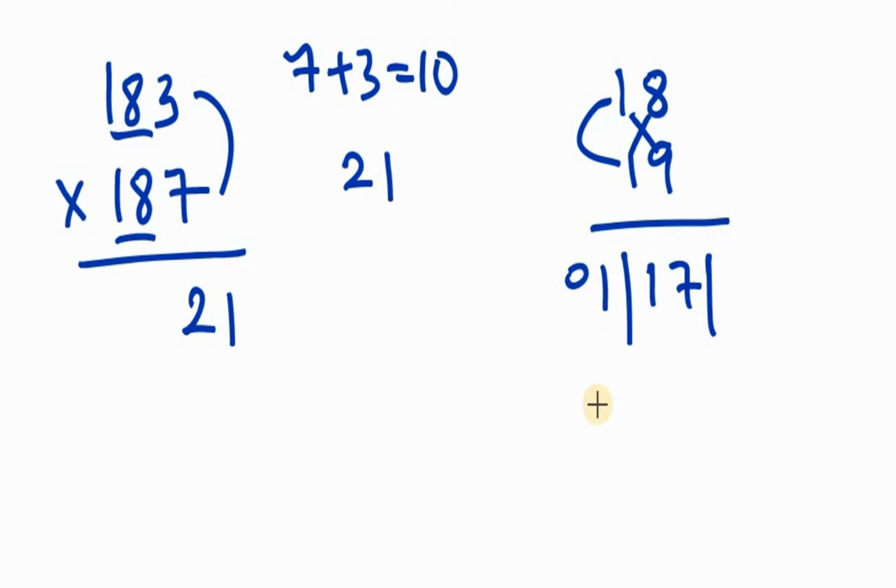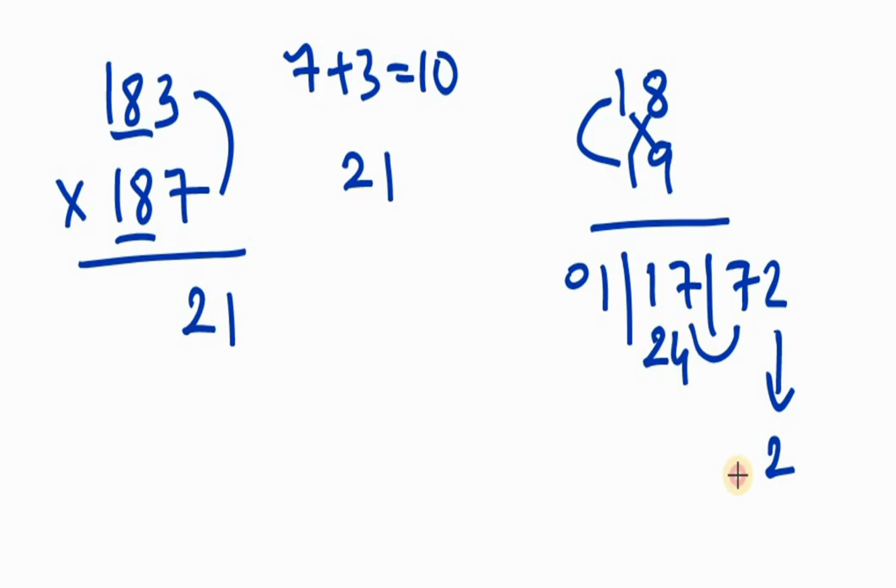Done. And next 9 8s are. So what I will get? 72. 2 as it is you write. 7 plus 7 is 14. Or else here you can take 17 plus 7. So what is 17 plus 7? 24.